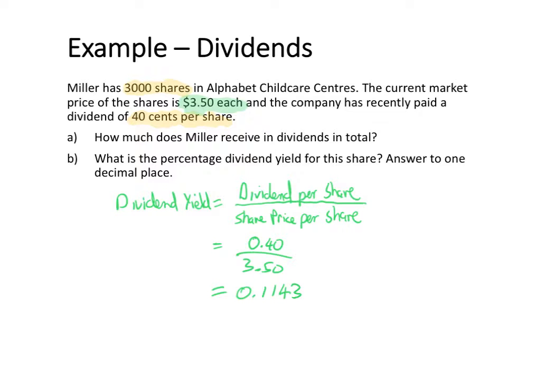And to convert that to a percentage, I can times it by 100. So that is going to equal 11.4%, rounding it to one decimal place. So the dividend yield for Miller's shares in Alphabet Childcare Centre is 11.4%. So there are some examples of calculations involving the payment of dividends.